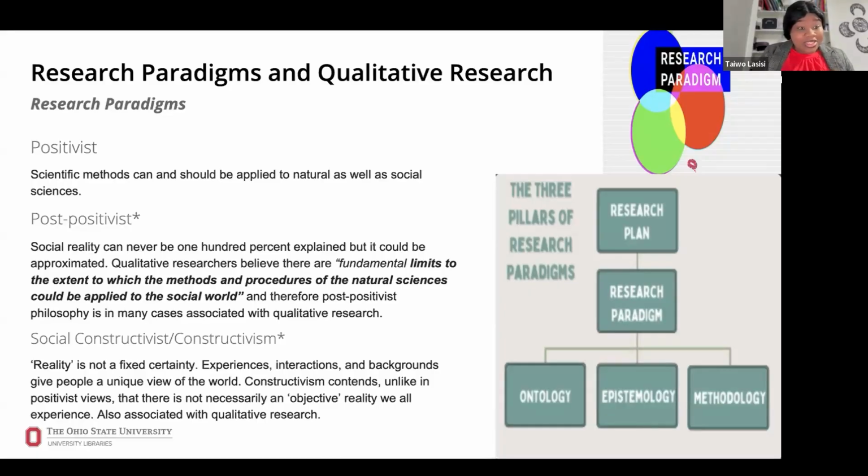And here is the social constructivist. They're saying no, no, natural science cannot help us explain our world. They're saying our world is not fixed, it's so complex, it's so interesting. There are different people having different interactions, different culture, different race, different ideology, different ways of thinking, different social status.